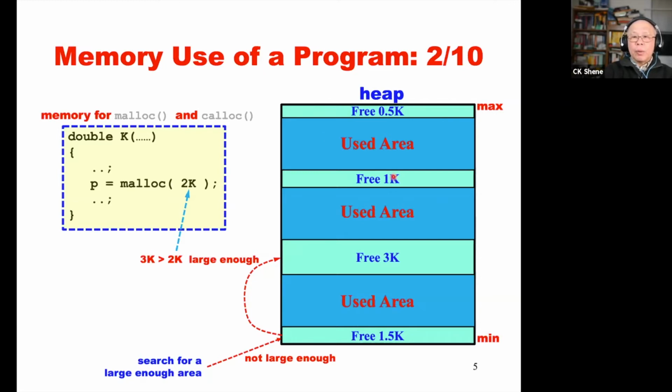For an example, suppose we have a heap area going from minimum address to maximum address. And in this heap area, we have some area used, either through previous calls to malloc or calloc, or some other mechanisms.